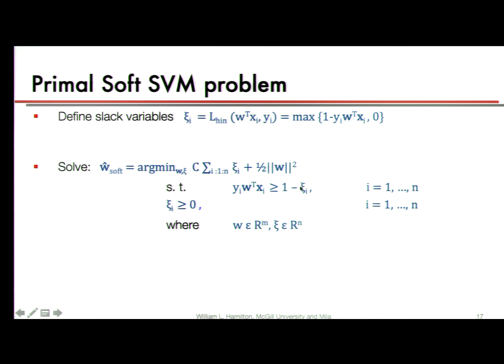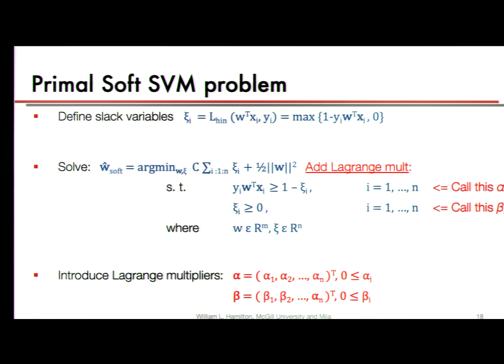So if this point is 100 units away on the wrong side of the margin, we can accommodate that by having zeta i equal to 100. Again, we're going to pay a big penalty on that. Our model wants to make these terms as small as possible, but we're willing to accommodate some error.